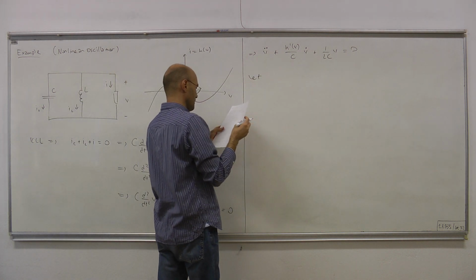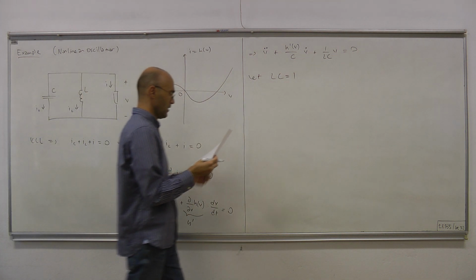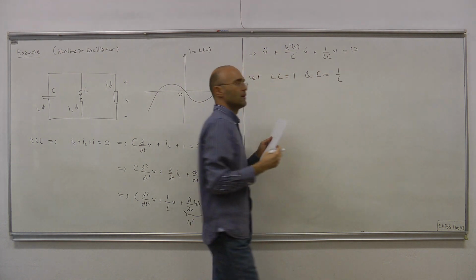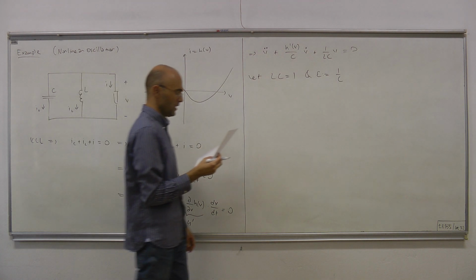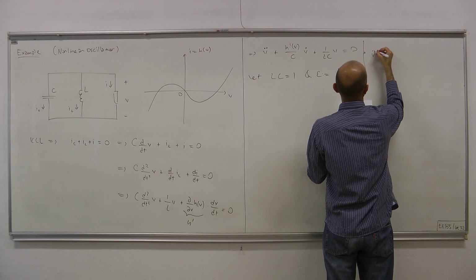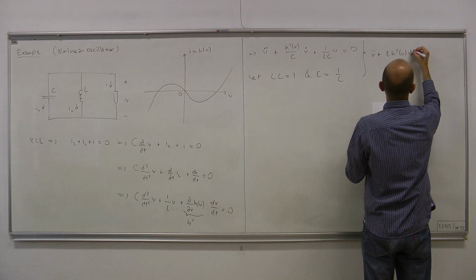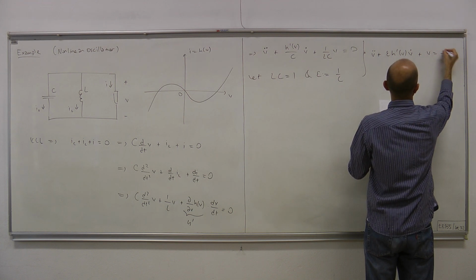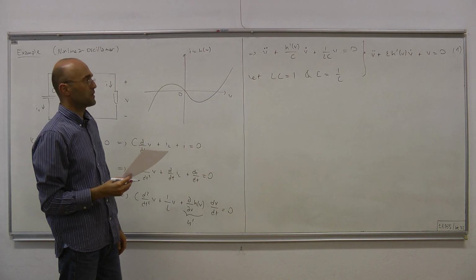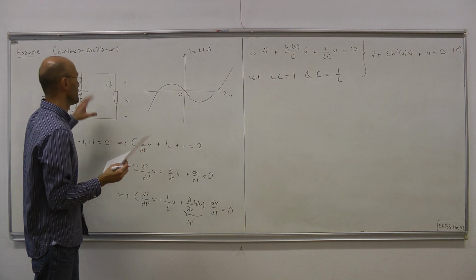Now, for simplicity, let's do some normalization. Suppose that the LC product is unity and epsilon indicates 1 over C, the reciprocal of C. In that case, we can rewrite this equation as follows. V double dot plus epsilon H prime(V) V dot plus V equals 0. Let's call this equation number 1. That's the description of this nonlinear circuit.